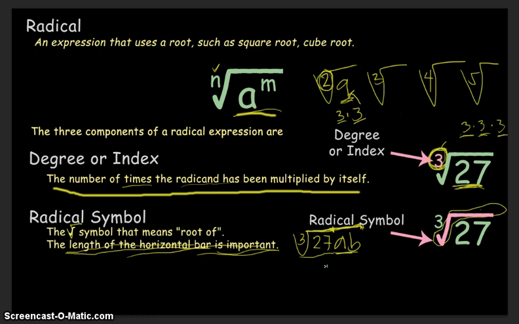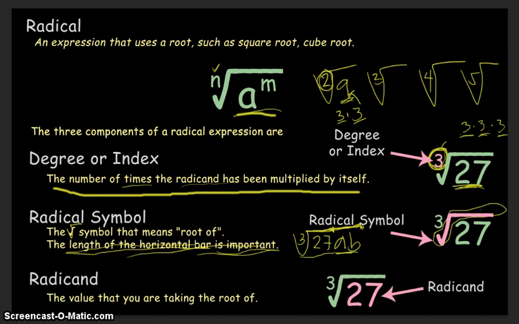Okay? Next is the radicand. That is the number or the value that you are taking the root of. Siya yung number sa loob ng radical symbol. Yan. So, yung 27 dito is what we call the radicand.